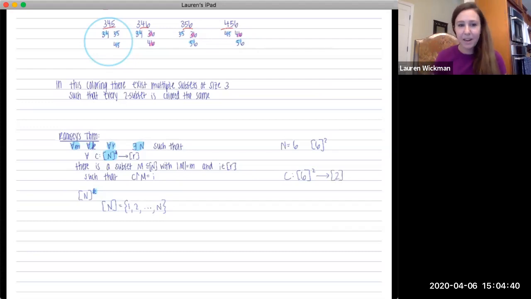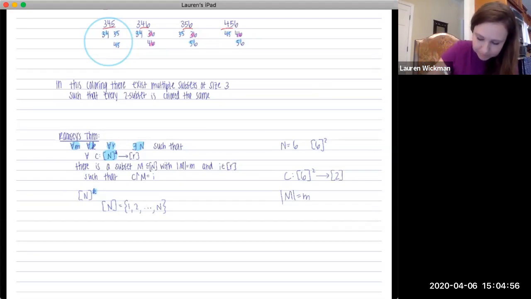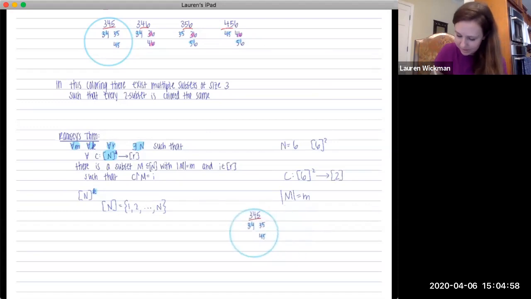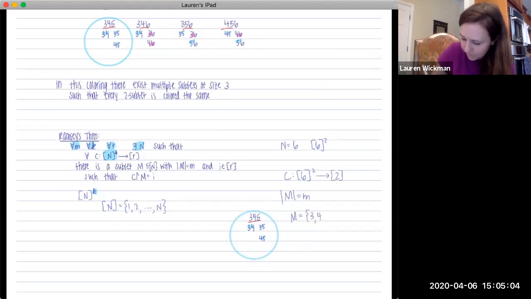And for this particular n, we could always find a subset, which we'll call M, and the size of M is little m. So in our case, it was 3. That's monochromatic. So let's just look at this bottom example right here. In this case, we could say M is the set 3, 4, 5. That's a subset of this bracket 6. And if I look at my coloring, and this little symbol is just called a harpoon. So it's a restriction.